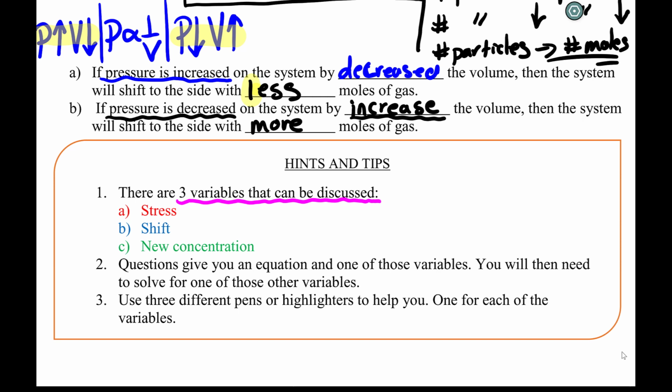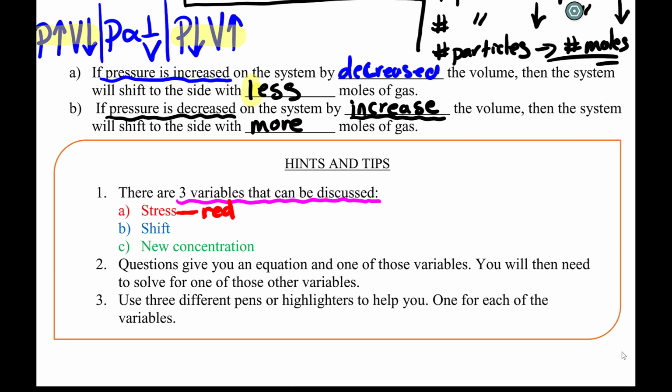An initial stress to cause the equilibrium to shift has to take place. So that's one of our variables. I assign each of the variables a color. My stress variables are always going to be in red, and I use arrows to help me better understand and visualize what's happening. So all my red arrows throughout the lesson are all about what the stress was in the question.